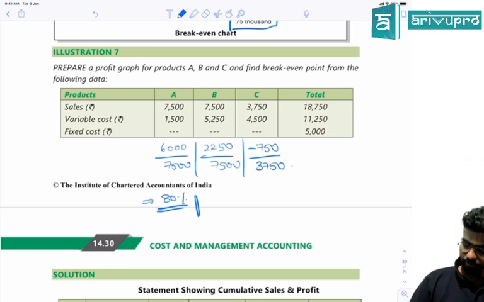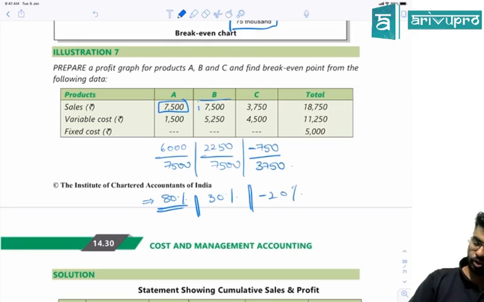Third one, third one, minus 20%. If I try finding the ratio between the sales, can I write the ratio is going to be 2 is to 2 is to 1?